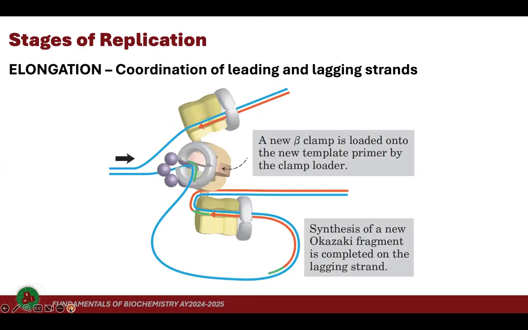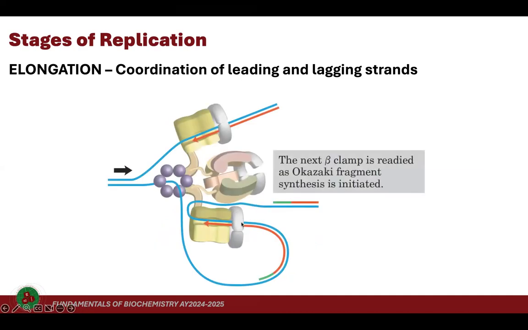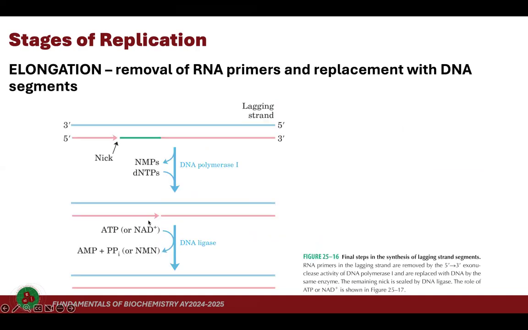And then it reloads a new beta clamp and the cycle continues. That is how the lagging strand keeps up with the leading strand during DNA replication. And that is the most important thing that you have to note during elongation.